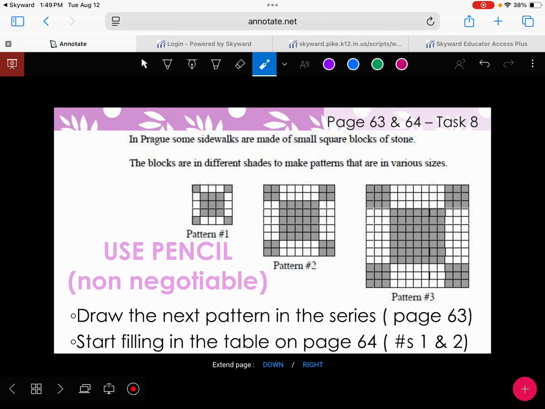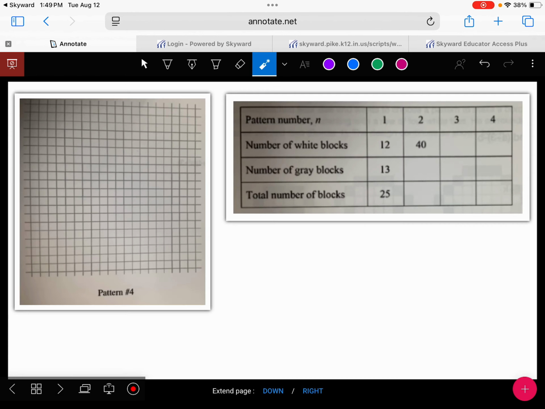I didn't say we'd have to. I said we might have to. If you get stuck on the pattern, start looking at this table. Go back and forth if we need to. We're going to try and draw our pattern, and we're going to fill in this table at the top.